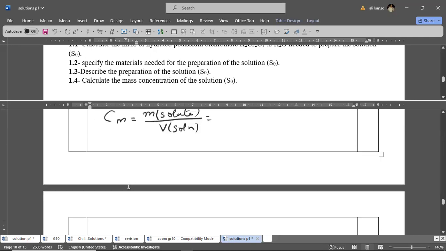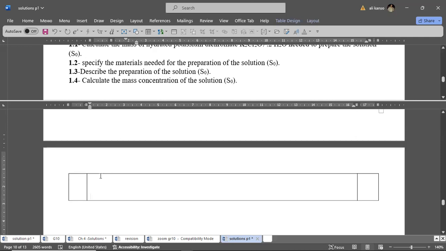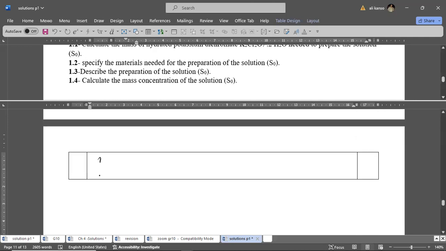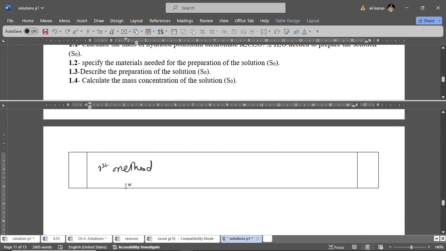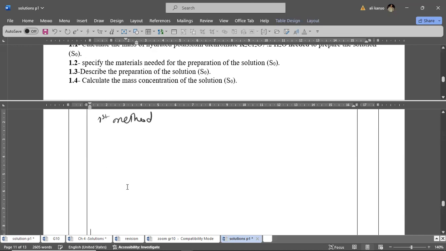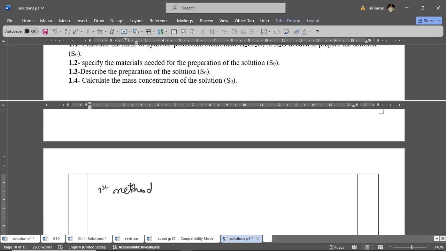First method: you can use Cm equals M over V. The mass that we found above is 85.8 grams, and the volume to prepare is 200 milliliters.